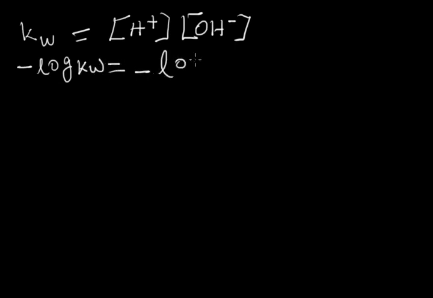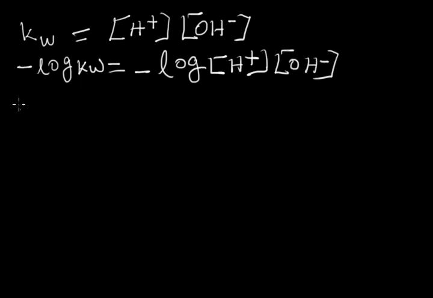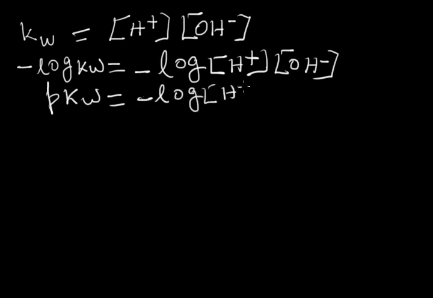minus log of H plus into OH minus. Now we know that the negative logarithm of Kw is represented by pKw, and minus log of H plus is pH, and minus log of OH minus is pOH.